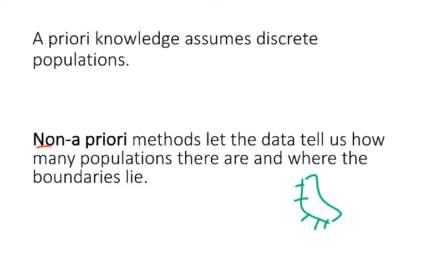We put all of that information into the particular program that we're using, and then we let that program tell us how many populations there are. So we are not already predetermining which population is which. We're just sampling individuals from across the potential range and then looking at the data to see how many populations there are.